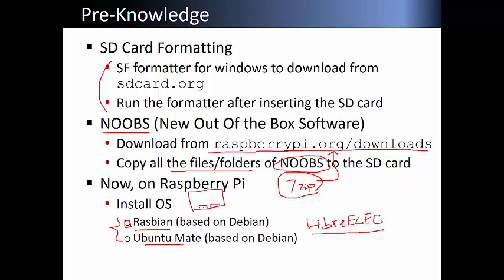The language, by default, is English, not US English, but GB English, Great British. You need to change GB English to US English. And then the keyboard. By default, it is set to GB, for Great British. You need to change it to US. Okay? Both US and US.